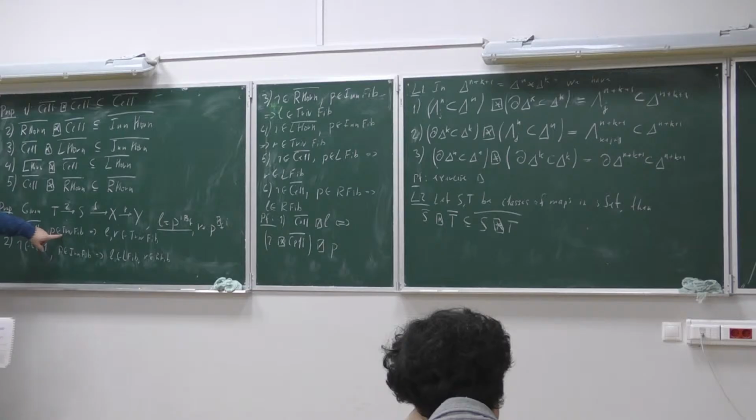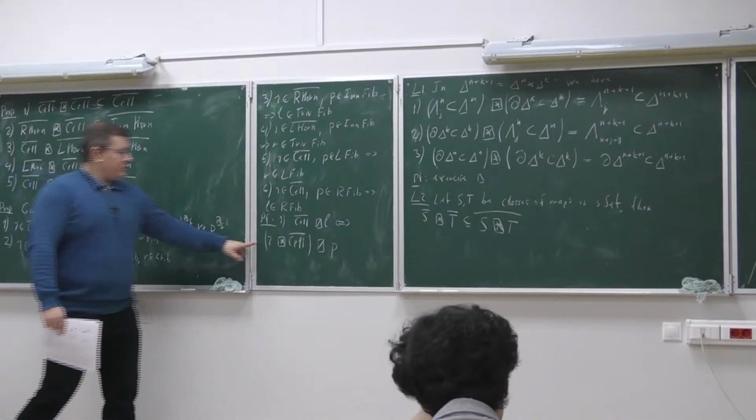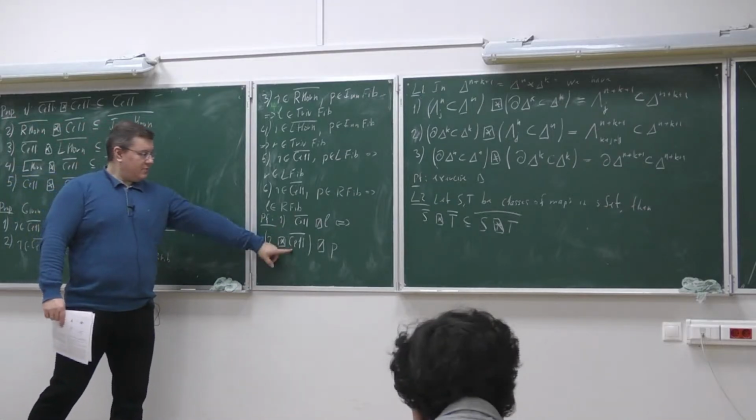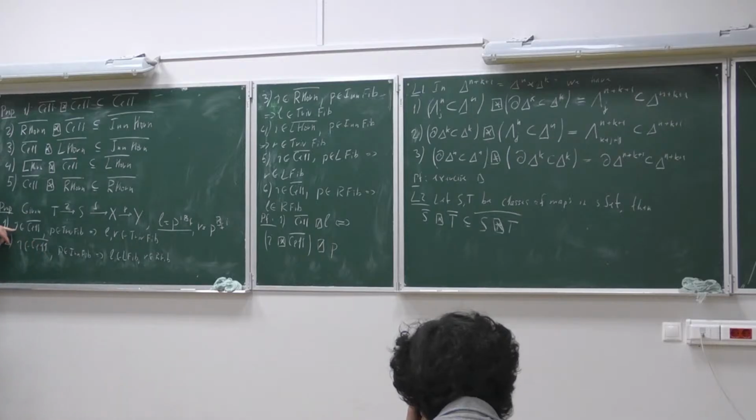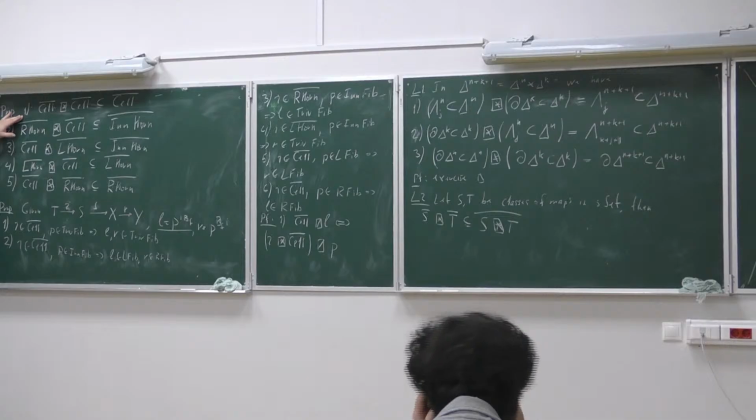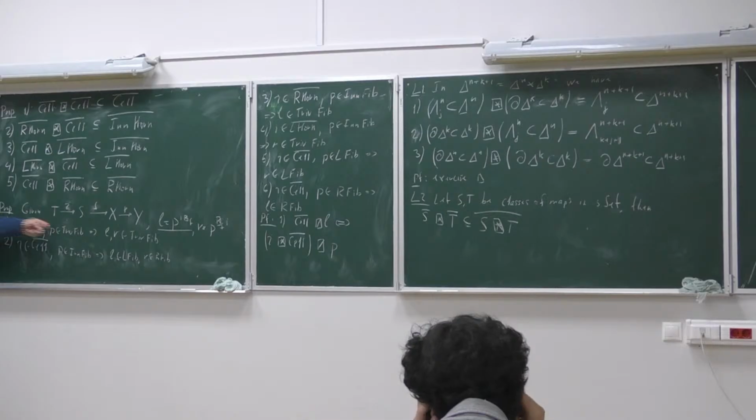So P is a trivial fibration, right? So this condition is satisfied if I know that this is a monomorphism. So this is any monomorphism, and in the first condition it is given to me that I is a monomorphism. So using property 1, I'll get that this is true. So this proves, for example, that under these two assumptions, L is a trivial fibration.